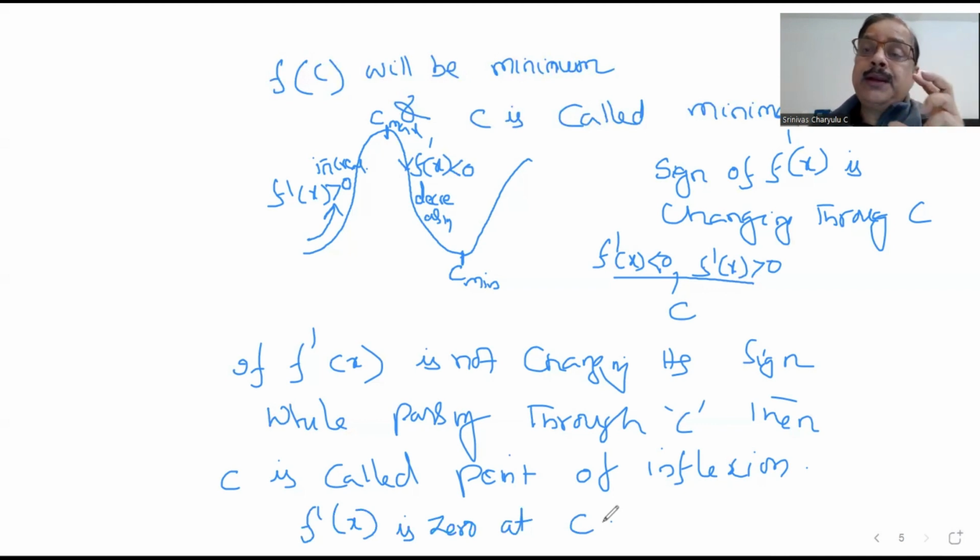Okay. So when we are doing the sums, we will be able to understand further. There is one more test to know whether we are able to get the maxima or minima. That is called second derivative test. That also I'll tell you clearly.